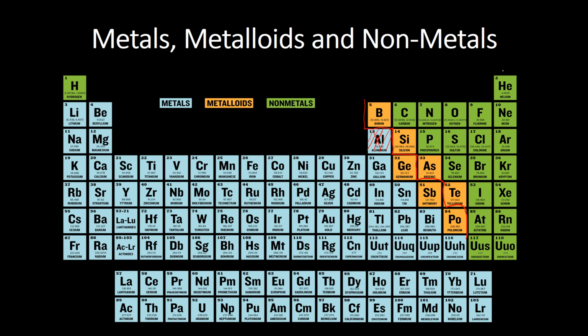Silicon, germanium, all of them are metalloids. All elements to the left of this ladder now are metals, with the notable exception of hydrogen, and all the elements to the right of this ladder are nonmetals. This is a really cool way of remembering if an element on the periodic table is a metal, nonmetal, or perhaps a metalloid.